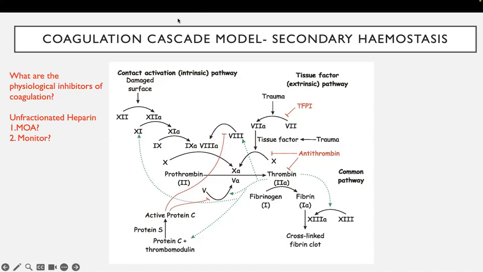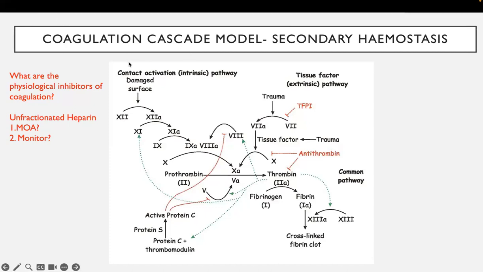Anyone want to try what the mode of action of unfractionated heparin is?